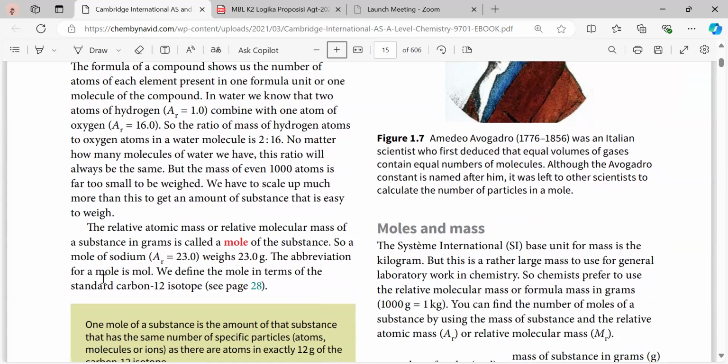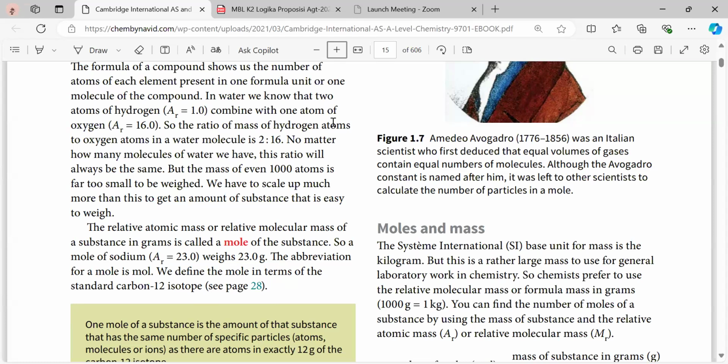The abbreviation for mole is mol. We define the mole in terms of the standard carbon-12 isotope. So all of you probably know that usually the standard measurement we have is grams or something like that. And in chemistry, when we are trying to weigh the atomic mass of an atom, then we use this gram called mole.